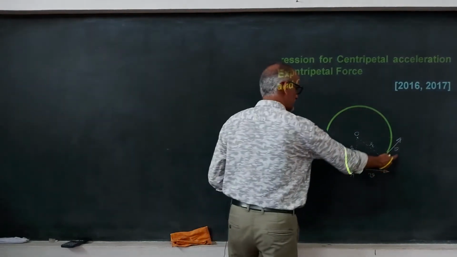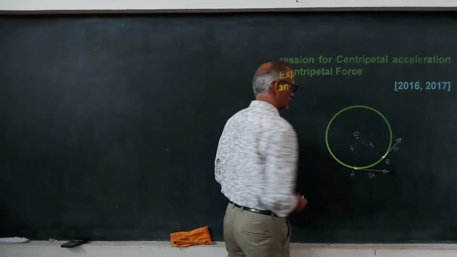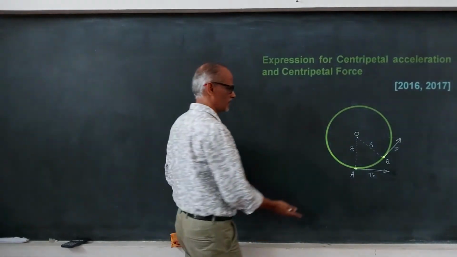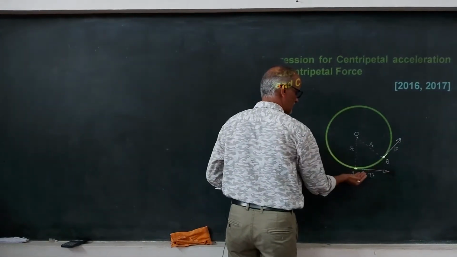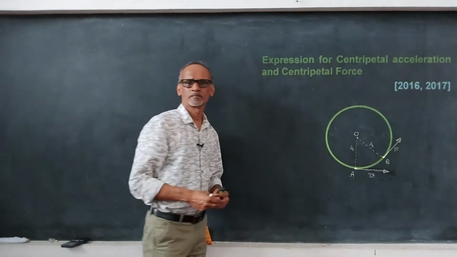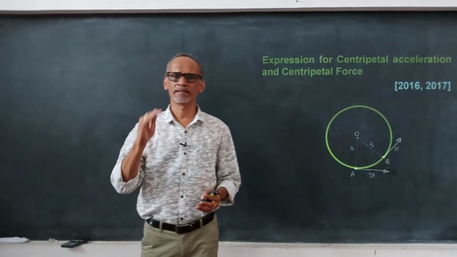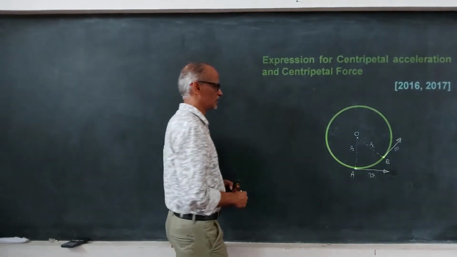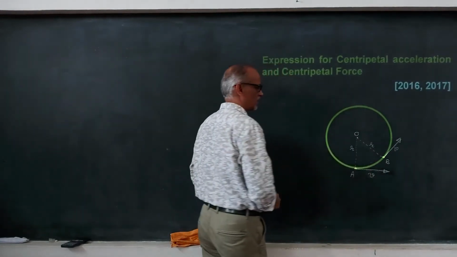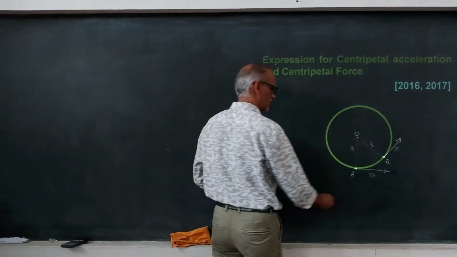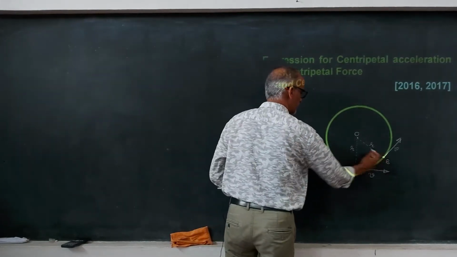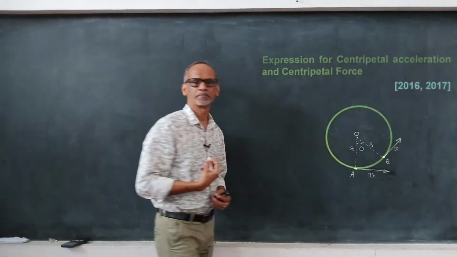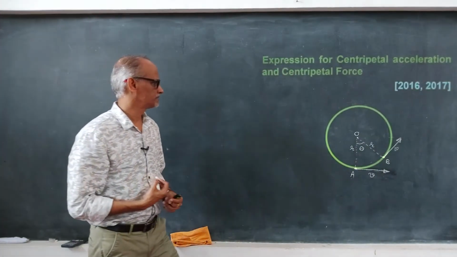Here, we cannot directly subtract; change in velocity is not v minus v. Why? Because these two are vectors, and they are in different directions. You can subtract them only if they are along the same direction. So, to find the change in velocity, first I am going to consider that as the body moves from A to B, it describes a very small angular displacement, theta, in a time t seconds.